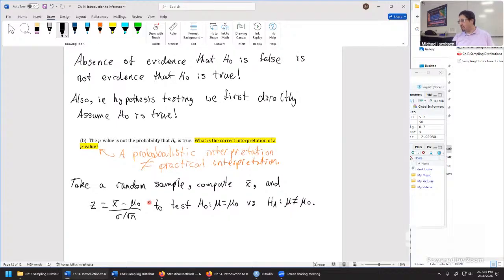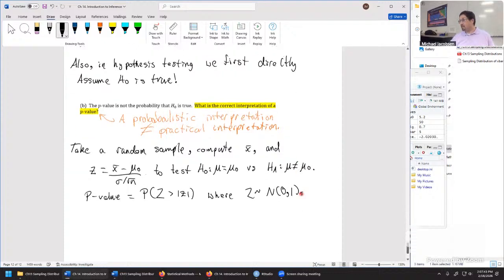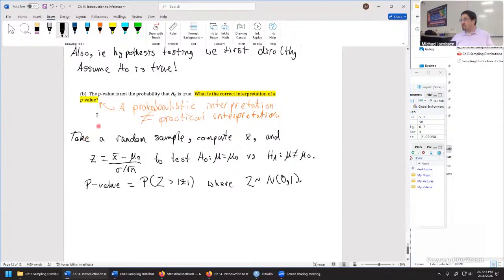Then we calculate the p-value. I wrote down the two-tailed test because it's the default one. This would be the probability that Z is bigger than the absolute value of z, or we wrote that as a p-norm statement in the chart above in the notes, where Z is distributed as N(0,1). So that's where our p-value comes from. Now that we have all that on paper, here's what the actual probability interpretation is for the p-value.